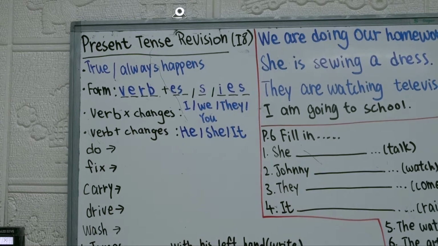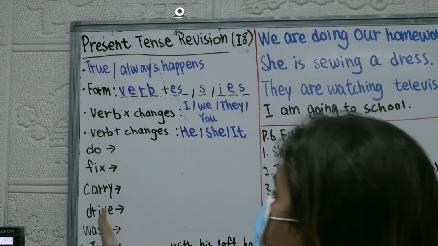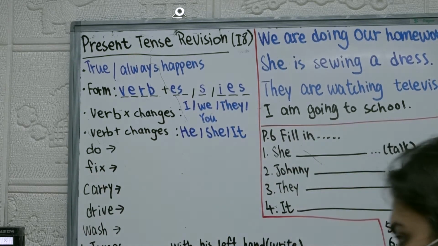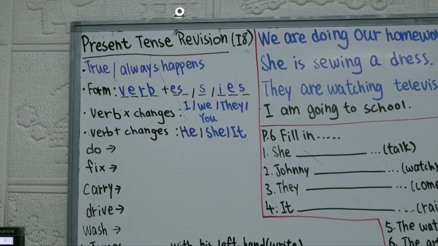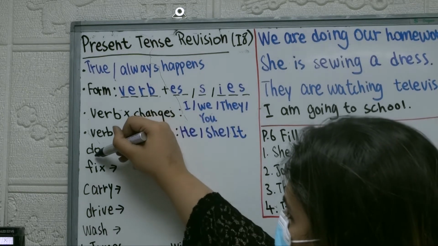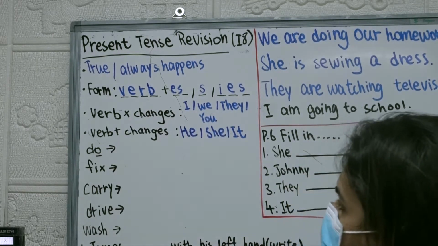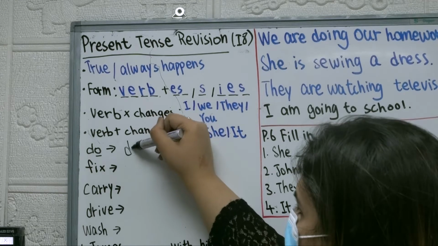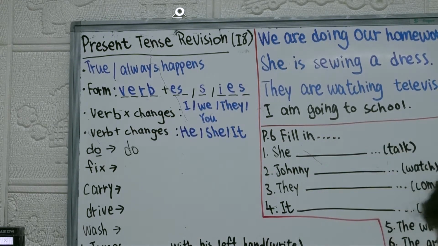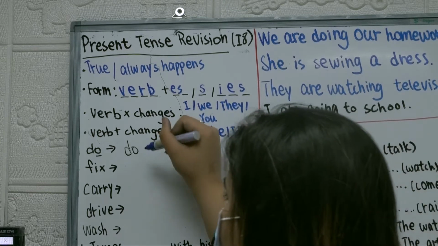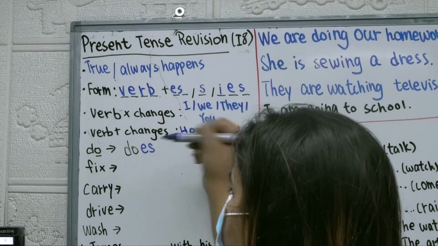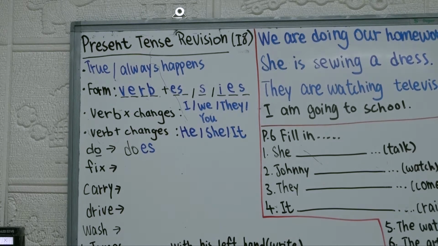So, if I want to change the verb do in present tense, how do we change? What do I add? Do ends with o, right? So what do I have to do? Do I add ies? No. Instead I add es, of course, right? Do becomes does. Alright, how about the verb fix?